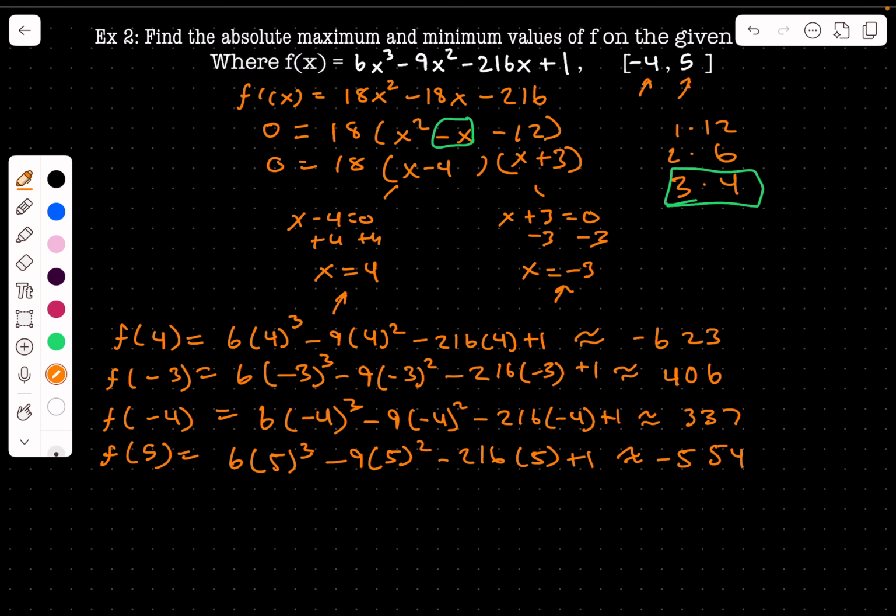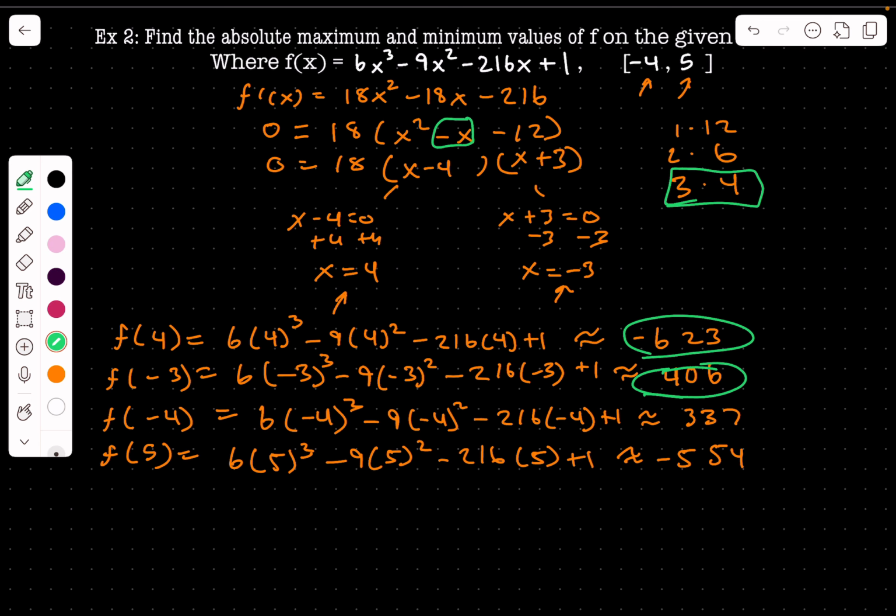So if you plug it into the calculator exactly as you see it, it's going to spit out these numbers. So I'm not going to do all of the work for this, because chances are if you're in Calculus 1, they're probably going to let you use a basic calculator at the very least. So from looking at this, we need to look at our lowest and highest values. So our lowest value is -623, and our maximum value is going to be 406.